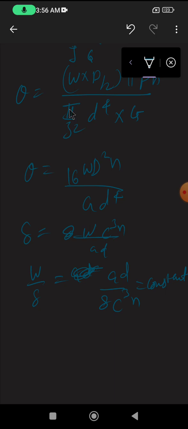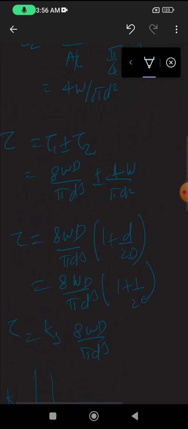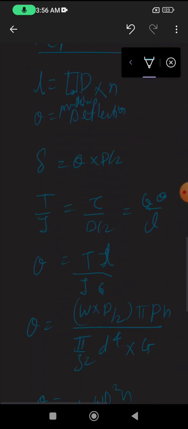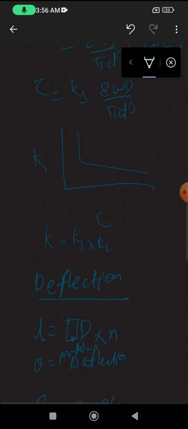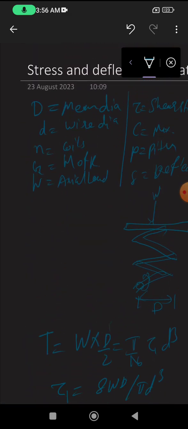So this is the deflection of the spring. We have seen various equations for the stresses and also for the deflection of the spring. We will see a few examples of this in the next lecture, which will make it clearer and we will get used to these equations.